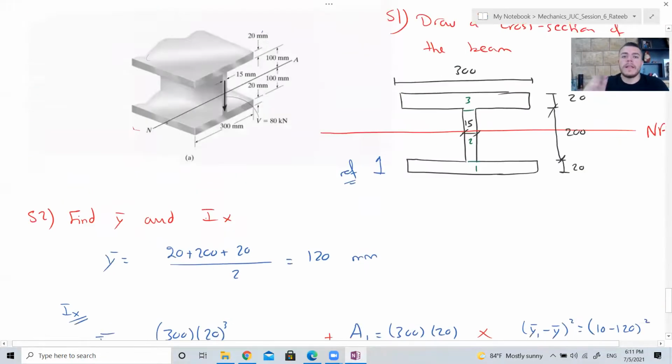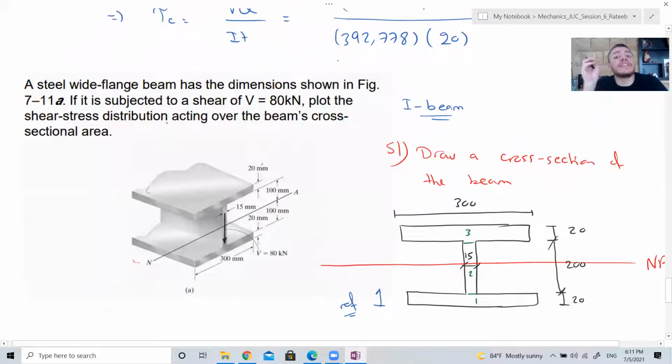Now they are asking you to find the shear stress distribution. Whenever they ask us to find the shear stress distribution, we take a point A at the top, a point on the point of discontinuity, and a point on the neutral axis.